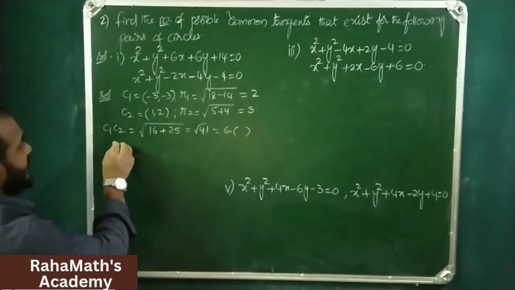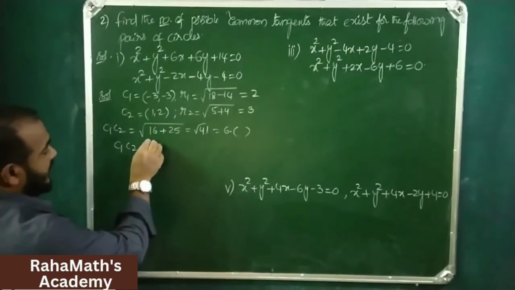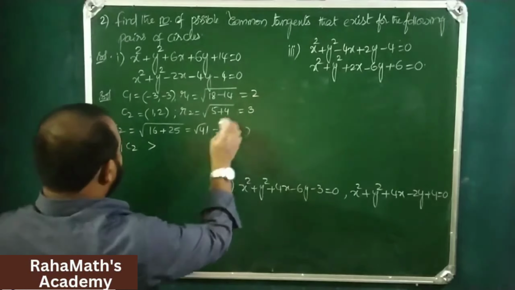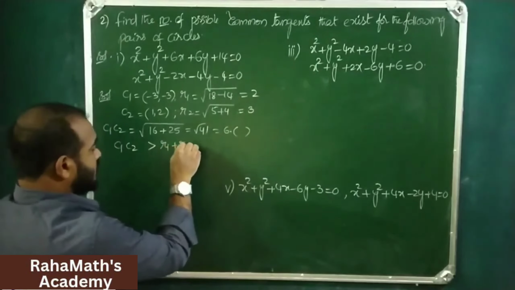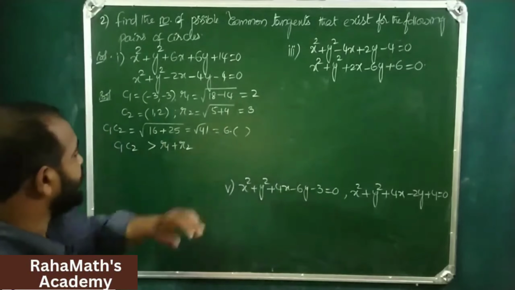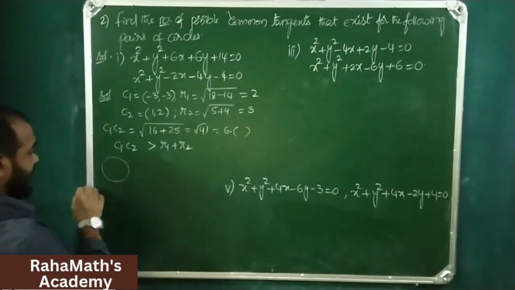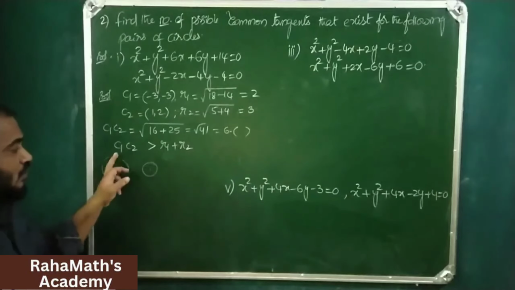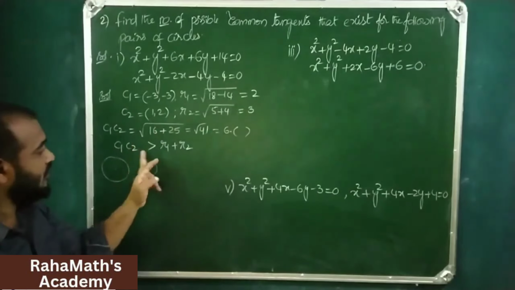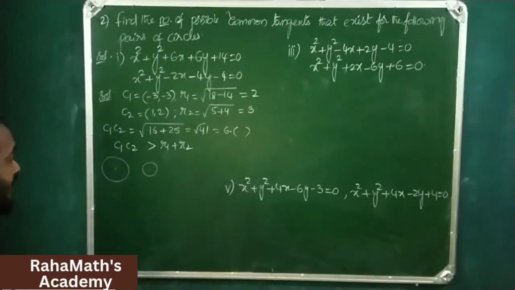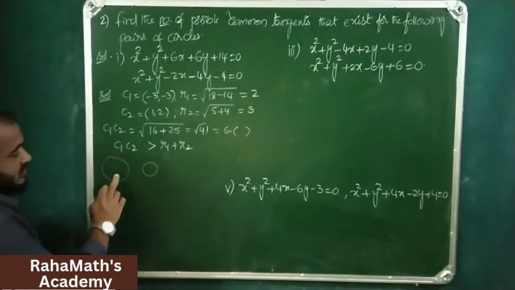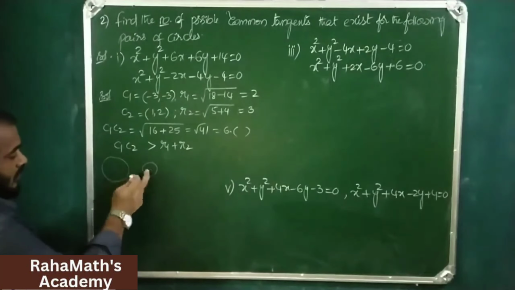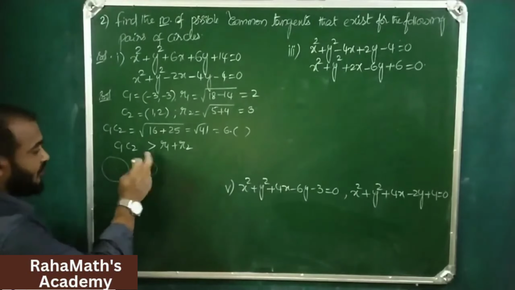So clearly C1C2 is greater than R1 + R2. So then the two circles will be, one circle is like this and another circle is like this. So this is the condition, no? The first condition: C1C2 is greater than R1 + R2. Then one circle lies completely outside the other circle.